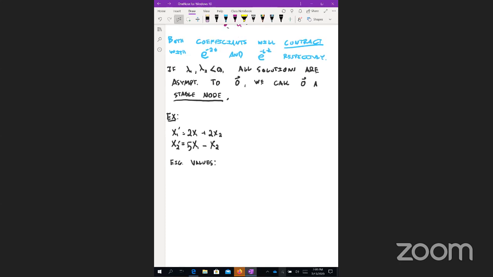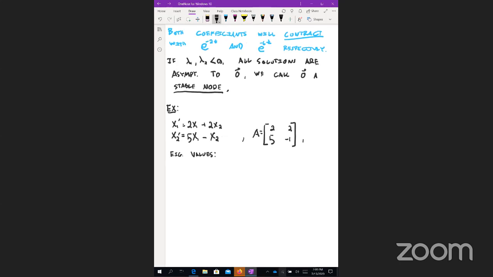And I'll go through this, but I'd say you should race me and see if you can get there faster. So here, A is going to be the matrix 2, 2, 5, minus 1.